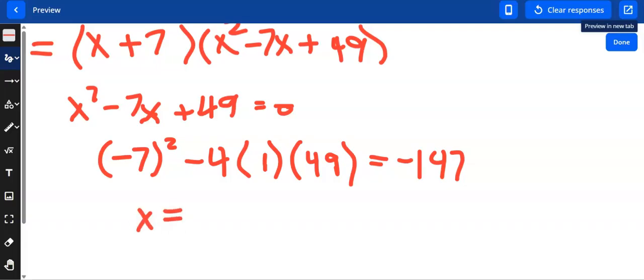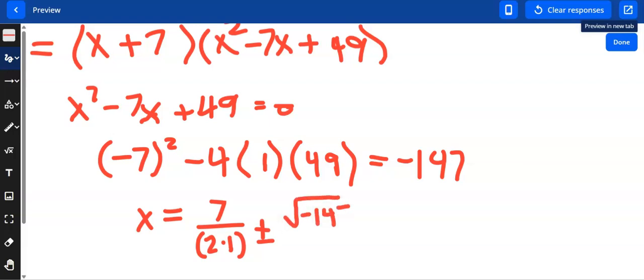We might as well finish the rest of the quadratic formula. Opposite of b over 2 times a. Plus or minus the square root of -147 over 2 times 1. Now that square root of -147, that can be broken down, right?